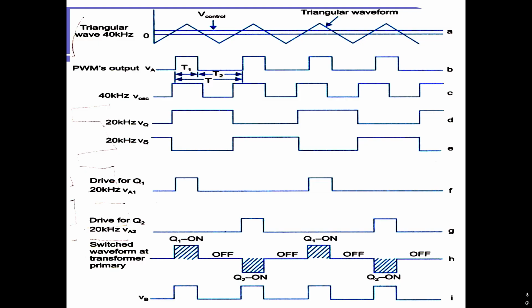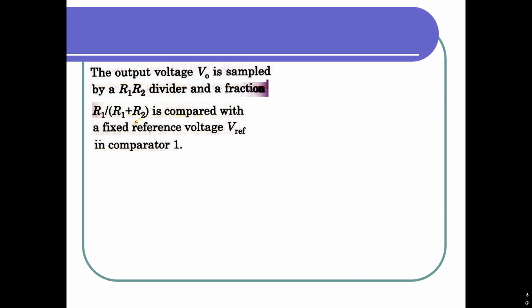So these are all the various waveforms showing the operation of a switched mode power supply or SMPS. The output voltage V0 is sampled by a R1 R2 divider and a fraction R1 divided by R1 plus R2 is compared with a fixed reference voltage V reference in comparator 1.